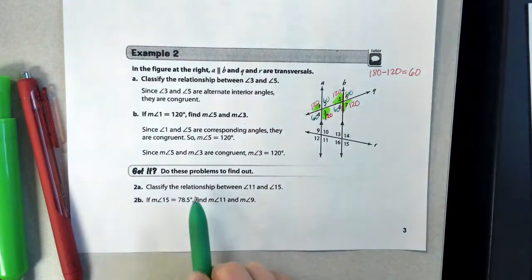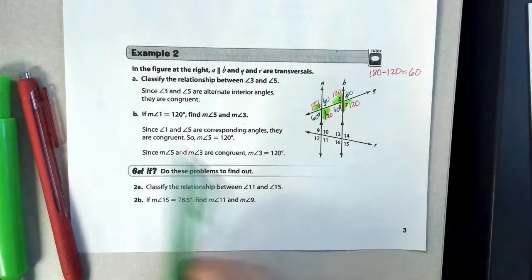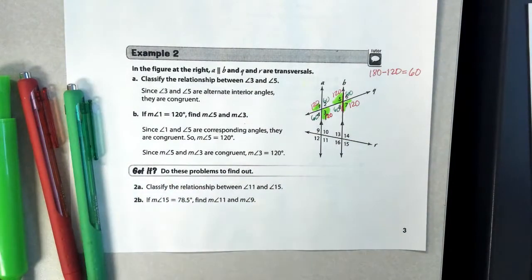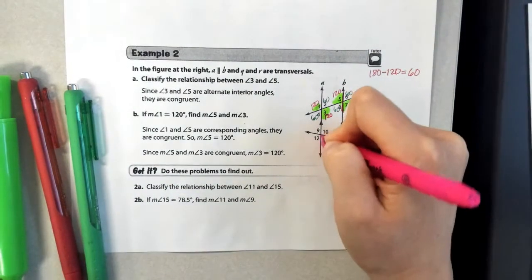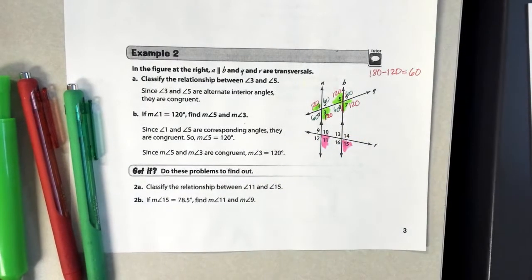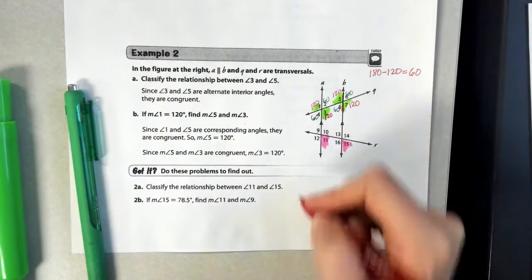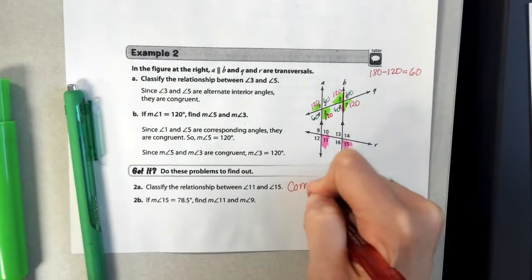So, got it. 2A says classify the relationship between angle 11 and angle 15. So we're talking this angle and that angle. Hopefully you were thinking in your head that those are corresponding.